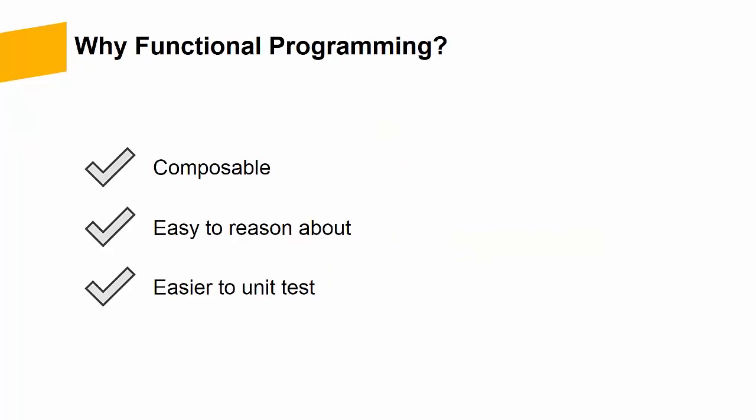Right. So why functional programming? The benefits boil down to these three points. The first one is composability. When you write your methods as mathematical functions, you're able to treat them in isolation from each other and consider them as building blocks, which you can use to compose pretty complex functionality without much trouble.